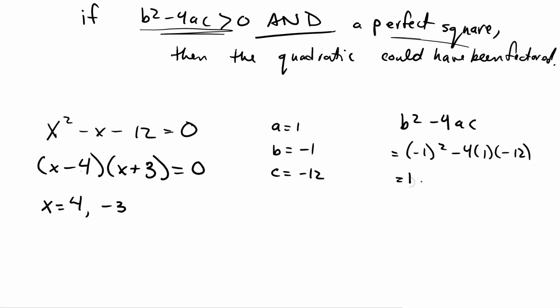So 1 minus, just kidding, negative times a negative is a positive, 48, because 4 times 12 is 48, is 49. So yes, indeed, we get a discriminant that is bigger than 0 and is a perfect square. So that means we could have solved it by factoring, and look at that. We did solve it by factoring.